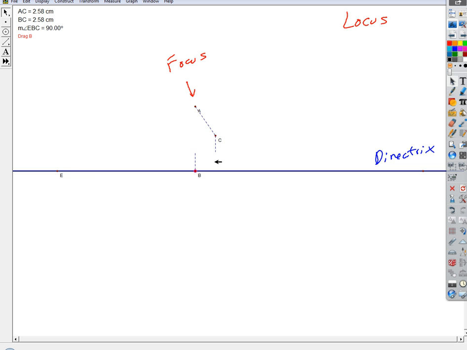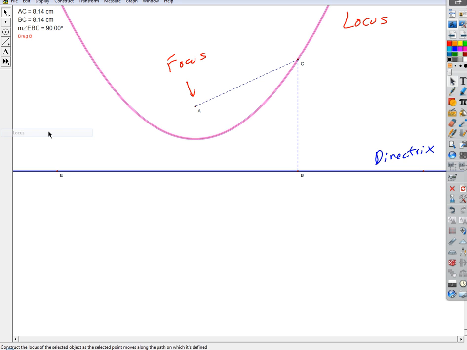I mean, we can see that it's parabolic, right? And let's see if I can do this now. There it is, right? So that's the locus right there.